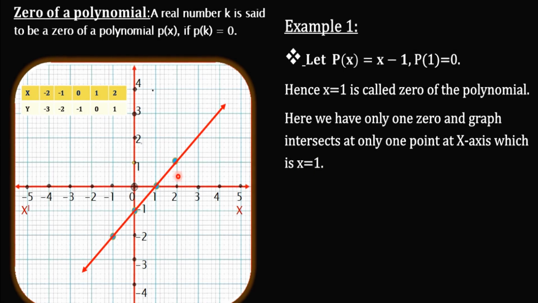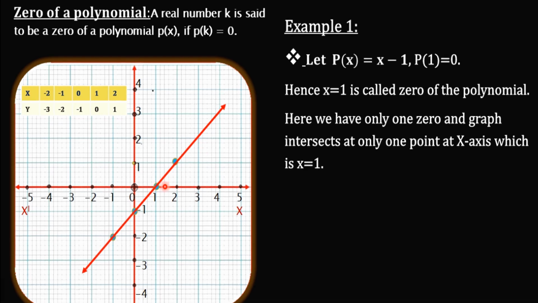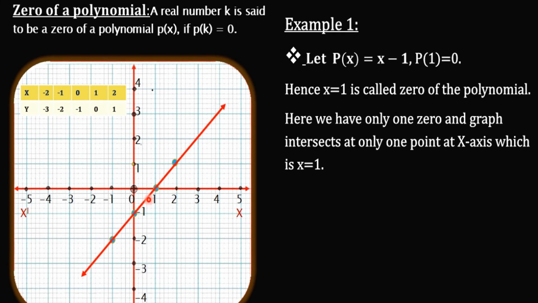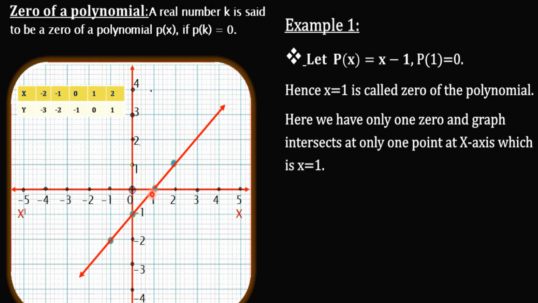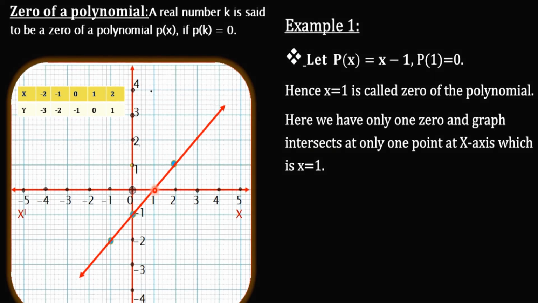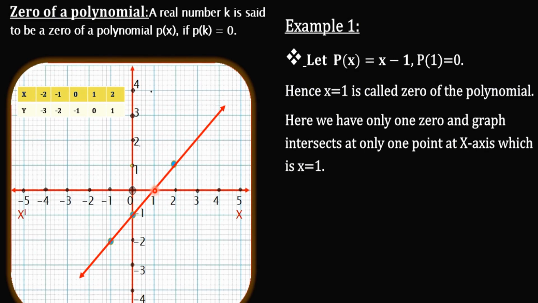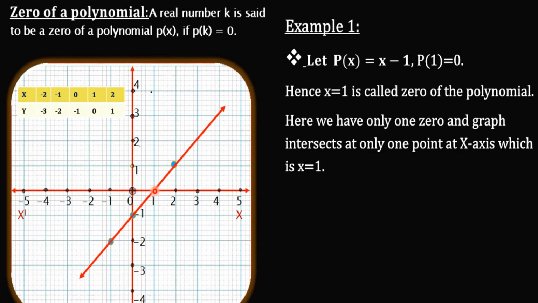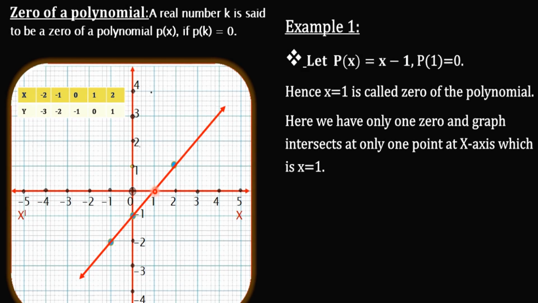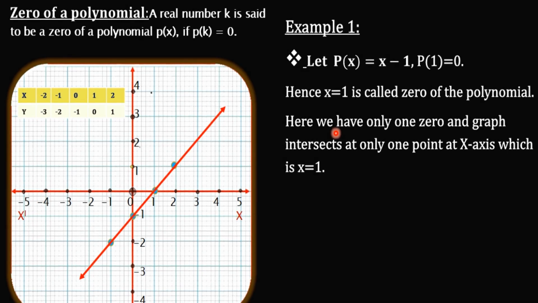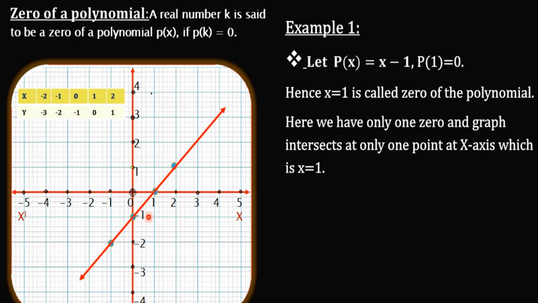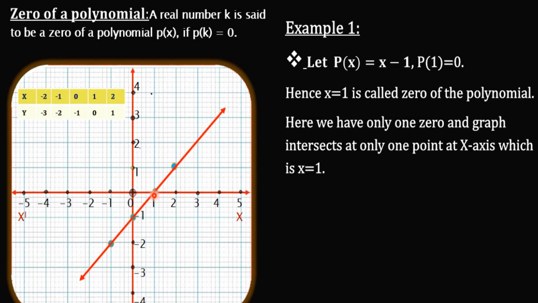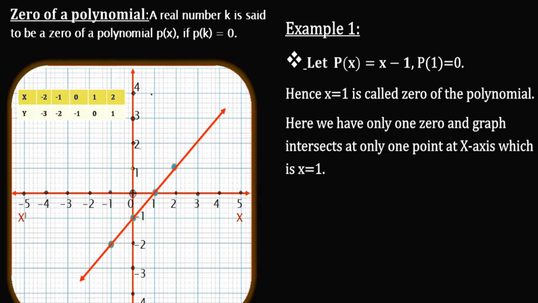That is, the point where the graph of the polynomial and the x-axis meet is its 0. Here we have only one 0 and the graph intersects at only one point, that is, the intersection of the graph is at the 0 of the polynomial. So that is the connection between the 0 of the polynomial and the graph.